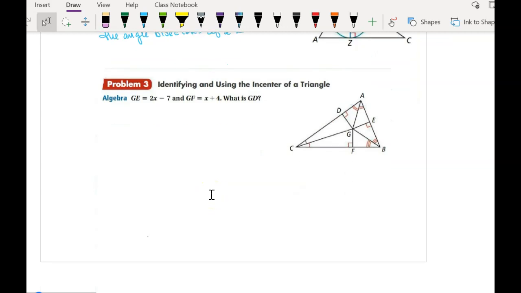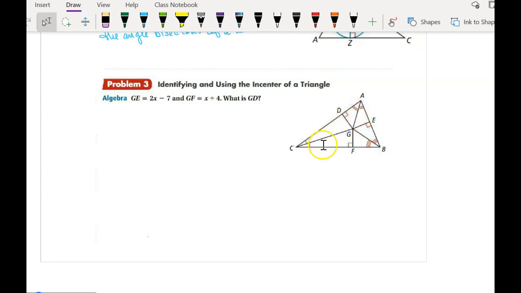Okay, so now let's take a look at problem 3. We are going to use our information about the incenter of a triangle to answer the question. They're looking for how long is GD. So first let's identify what we have.